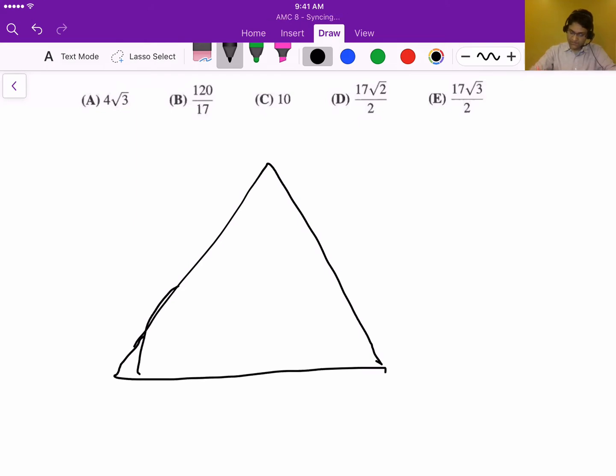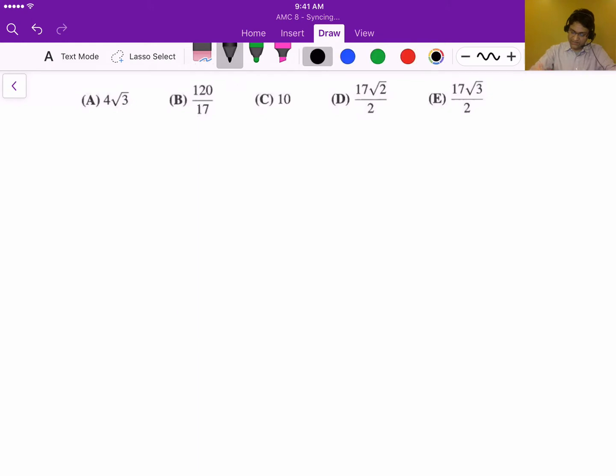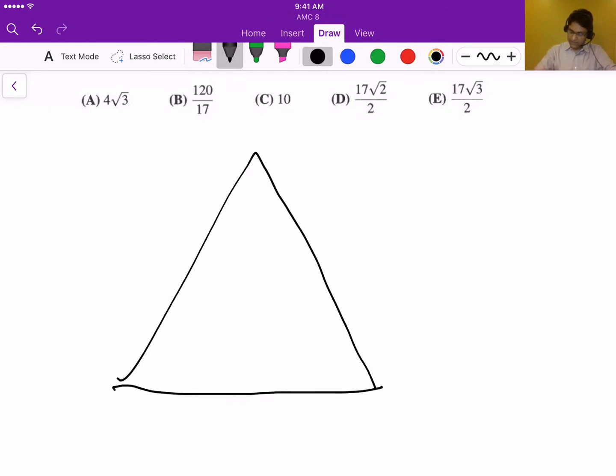I know it doesn't look completely isosceles, so just exaggerate it a little bit. Okay, it's not perfect, but it'll suffice.